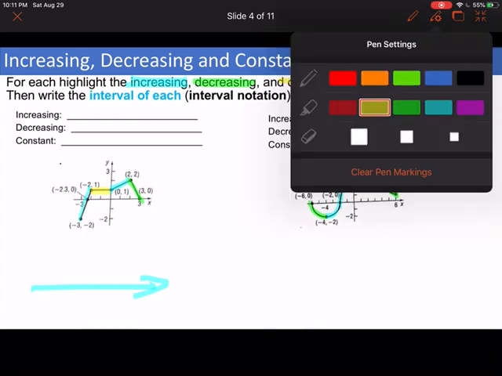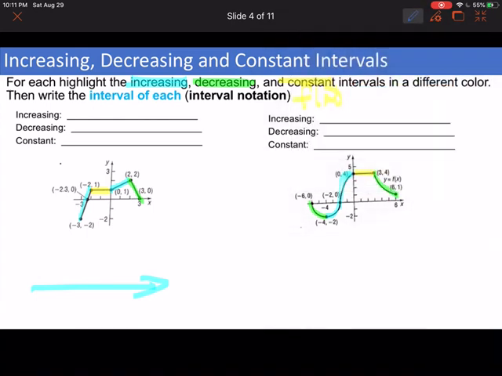All right, so let's talk about, going to be in blue, increasing. So this is where you have to look at the x values, not the y. So if I'm looking at where we shaded, we're just looking at the x values. So that's going from negative 3 to negative 2.